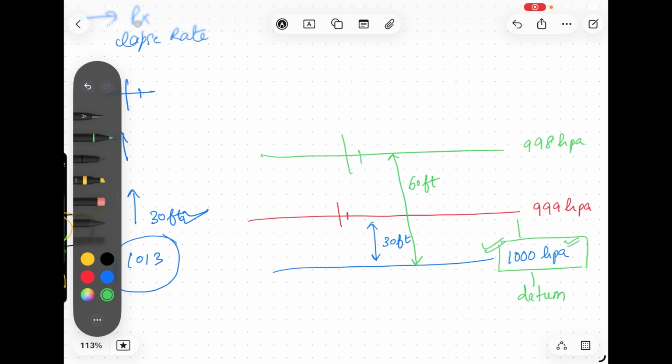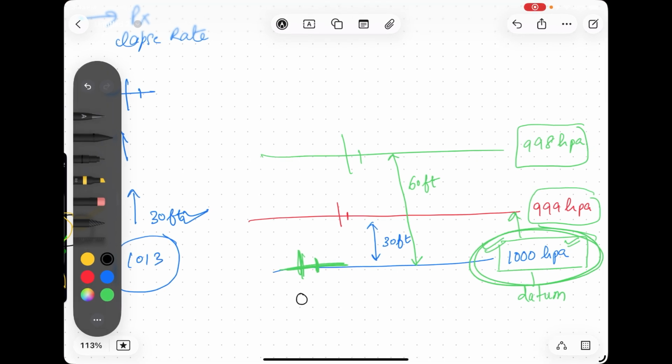Every 30 feet I go higher from this level, my pressure will drop by 1 hectopascal. So if I am at this level now and my datum is also 1000 hectopascal, what will my altimeter read? It will read 0 feet. Why? Because there is no difference. It's set on 1000 and I'm also flying at 1000 hectopascal.